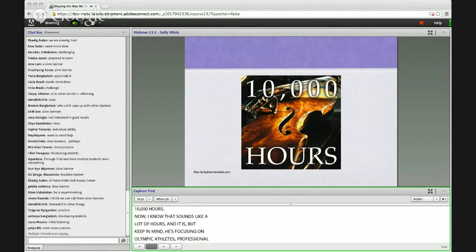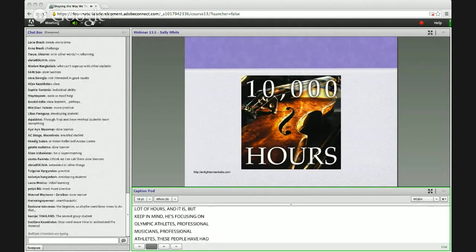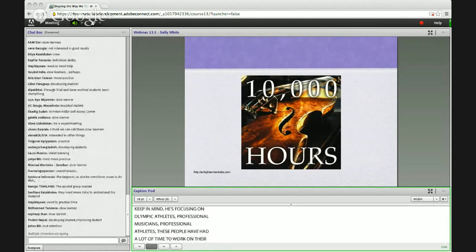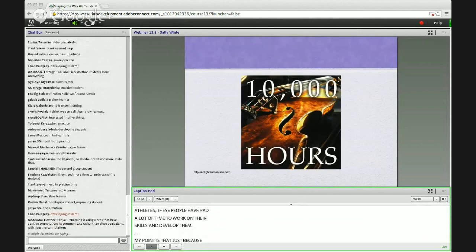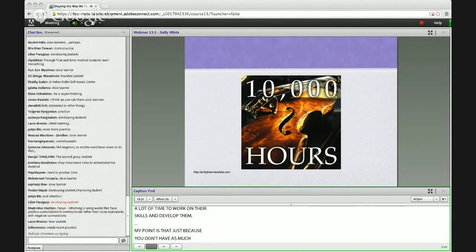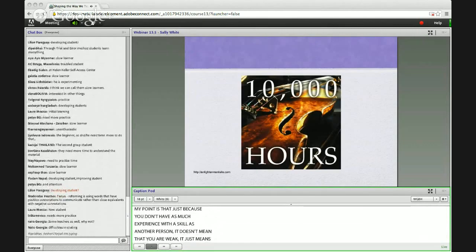These people have had a lot of time to work on their skills and develop them. My point is that just because you don't have as much experience with a skill as another person, it doesn't mean that you are weak. It just means that you have less experience and you have probably put in less time.